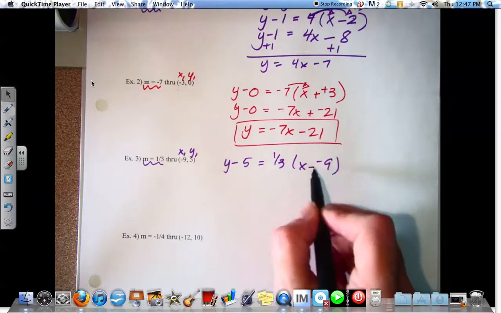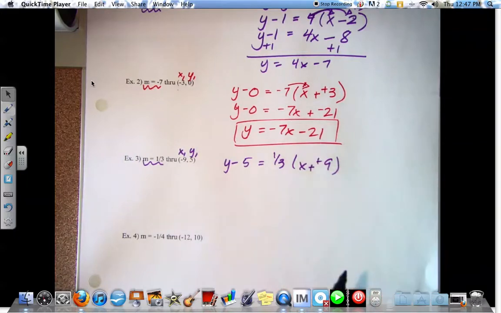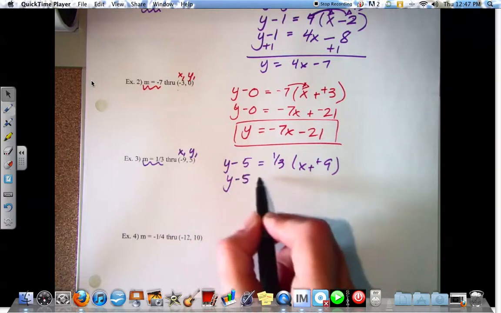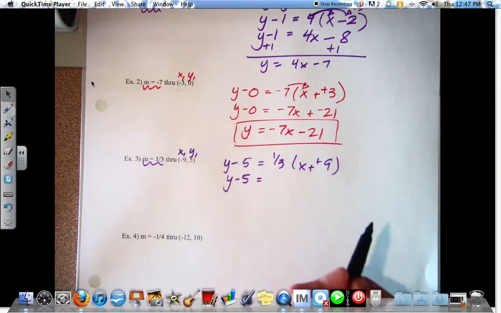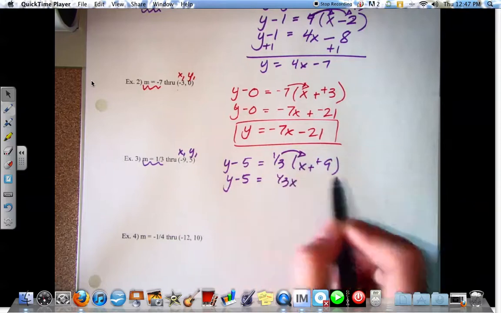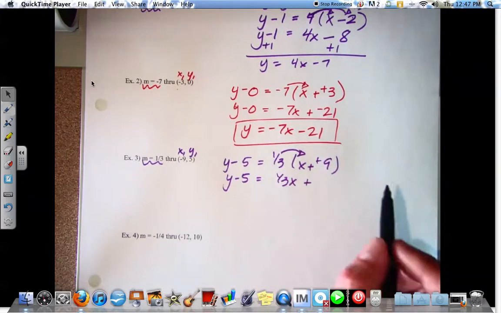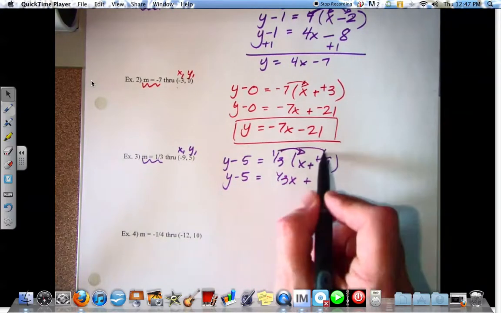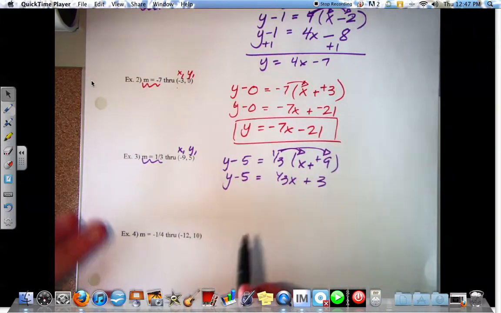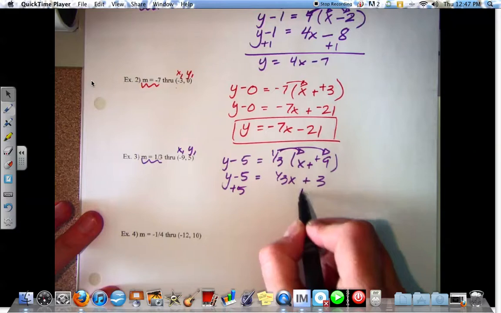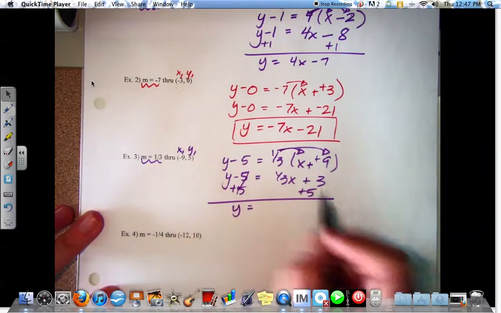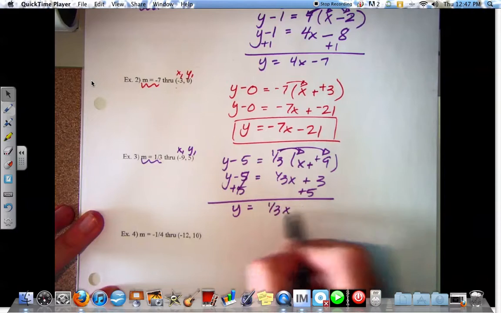Change it to what? Yep. Bring down y minus 5 equals. Now what do we have to do? Distribute. 1/3 x plus 9. 1/3 of 9 is 3. And the last step? Add 5. So y equals 1/3 x plus 8. Very nice.